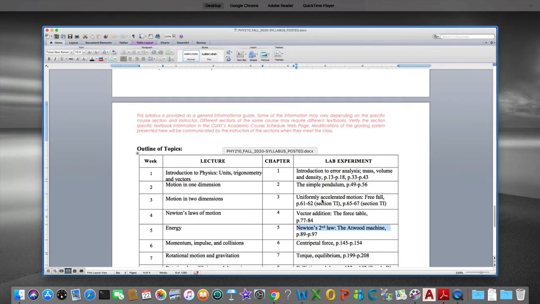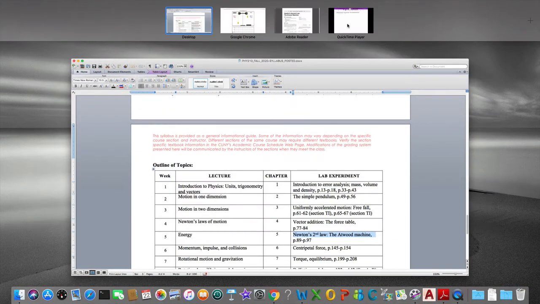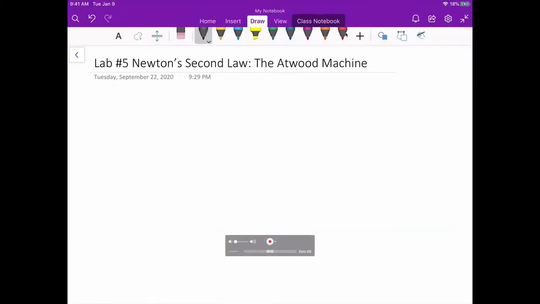Okay, so the first thing is I would like to give you some background on what we're going to do with this experiment. Basically, Newton's second law states, and we already covered that in the theory, that net force, which is a vector equation, is equivalent to mass times acceleration.